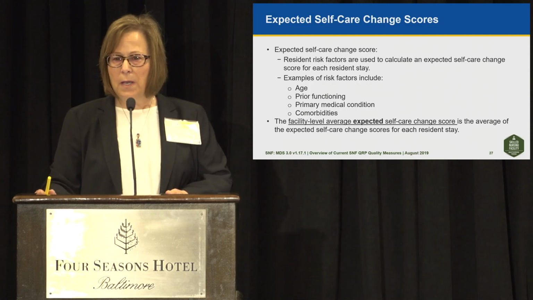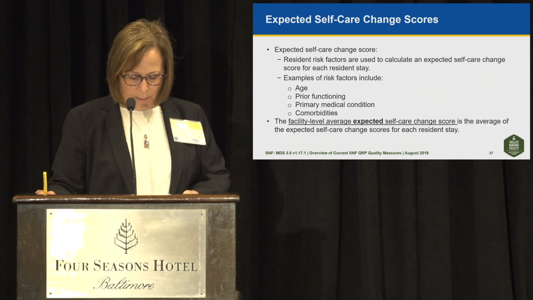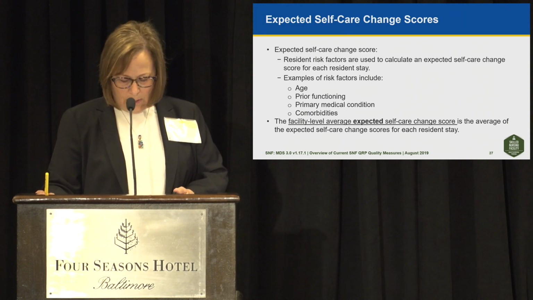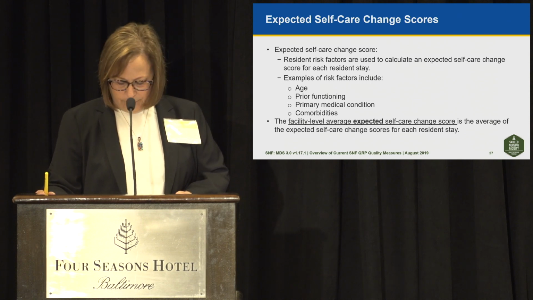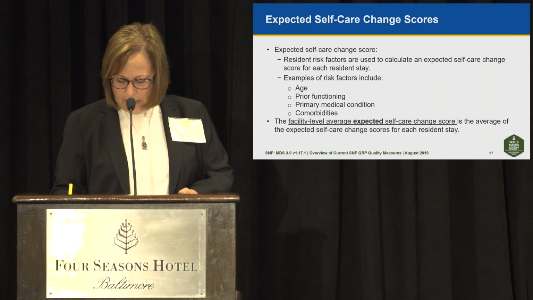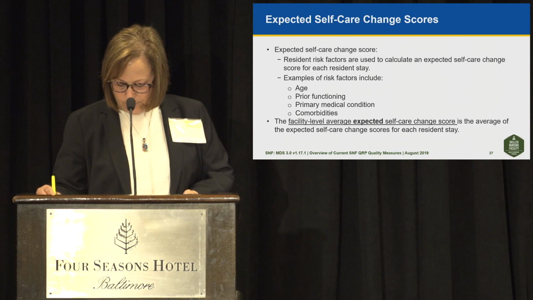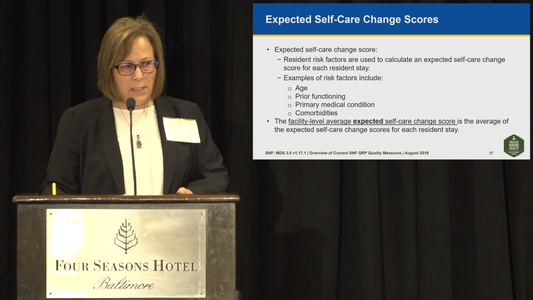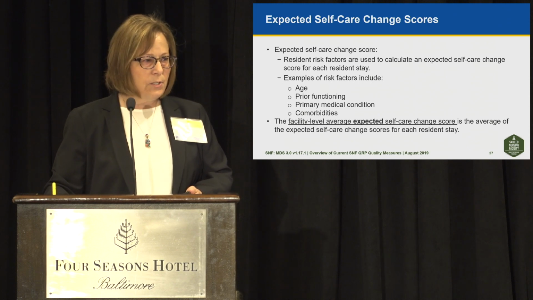And to get the expected change score, you need to apply covariates or risk adjustment. So you may be able to see an observed score in the change measures before risk adjustment. Since the measures were implemented, additional time and data have been needed to calculate the risk adjustment covariates. And your review and correct reports have not displayed the complete or final score because they are not yet risk adjusted.